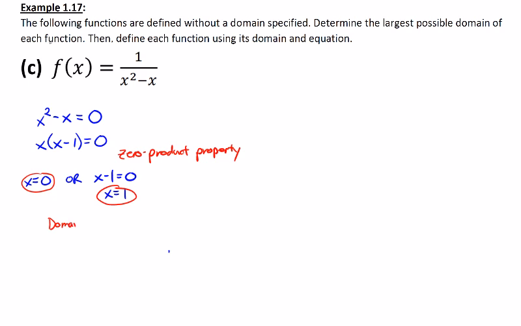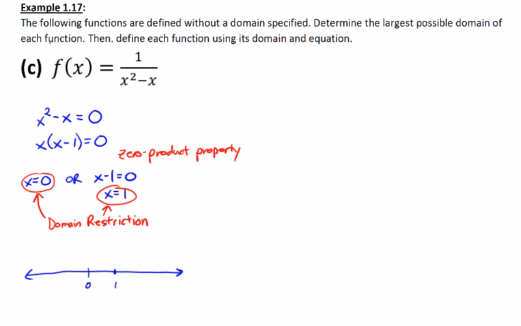These two values, if you think back to what happened in part A of this example, are going to represent domain restrictions. So going back to that number line to help illustrate what the domain should look like, there's going to be a restriction at 0 and a restriction at 1.